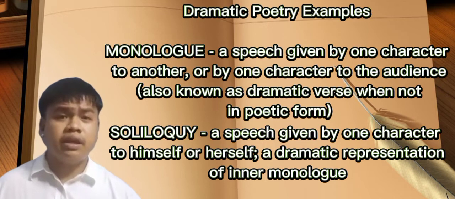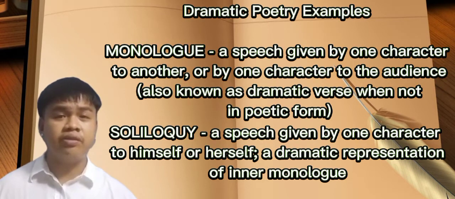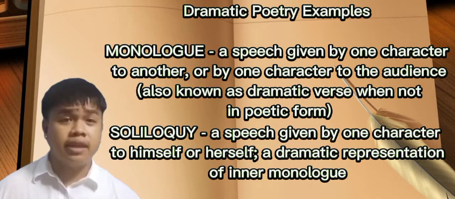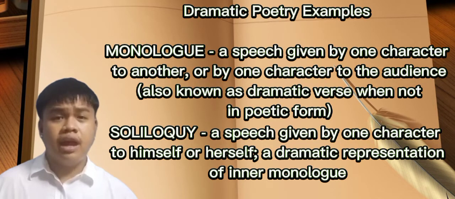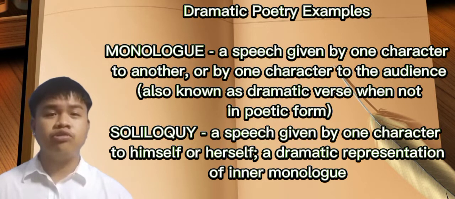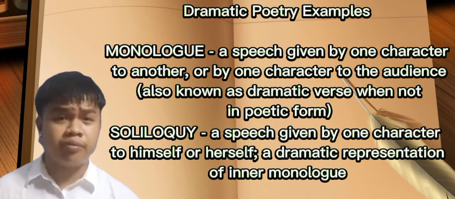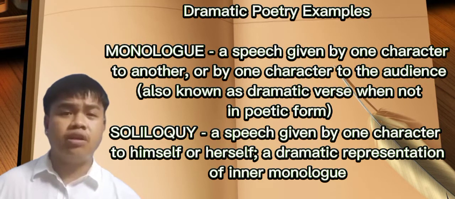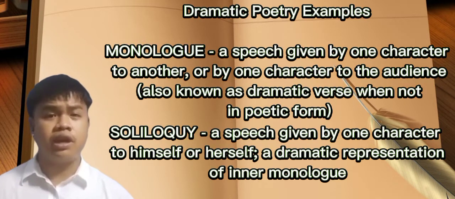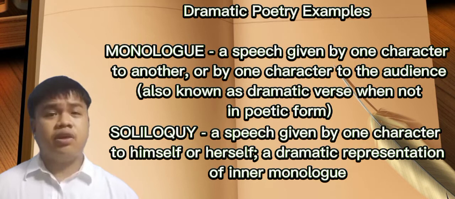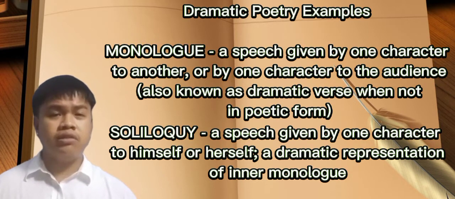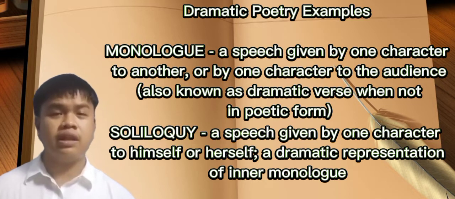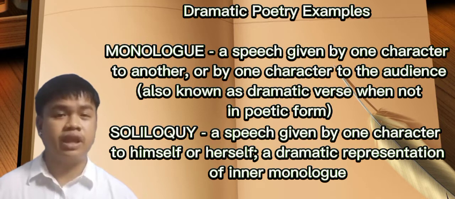Dramatic poetry is written in verse and is meant to be spoken or acted out, usually to tell a story or portray a situation. Most dramatic poetry is in the form of dramatic monologues, which are long speeches by one actor to another, or the audience, or soliloquies, which are one's thoughts spoken out loud, regardless of whether anyone hears them or not.